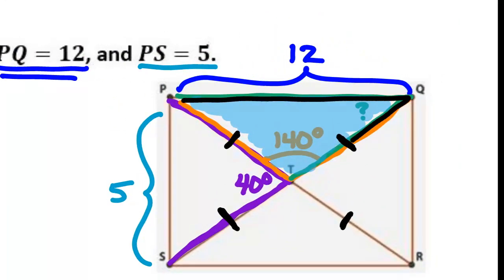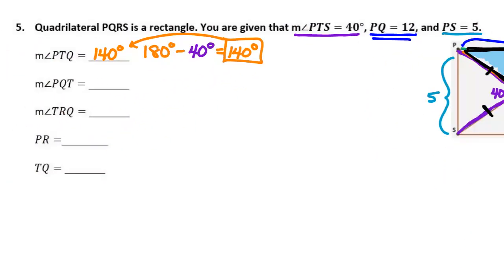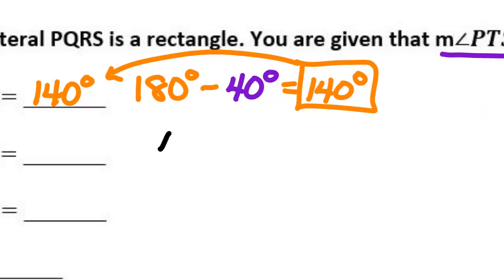So now when I'm looking at this triangle up here at the top, I know that this is what type of triangle? It's an isosceles triangle. Triangle PQT is an isosceles triangle.